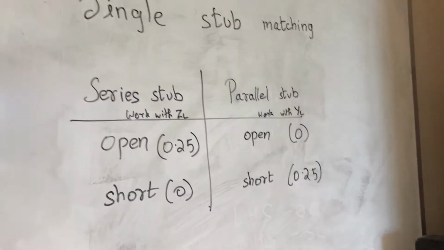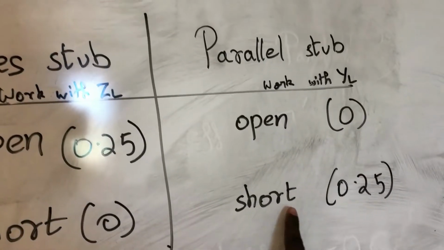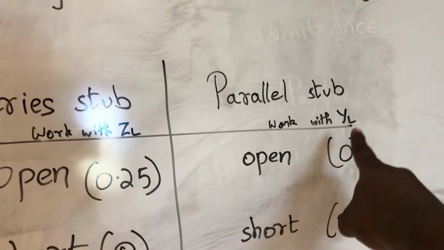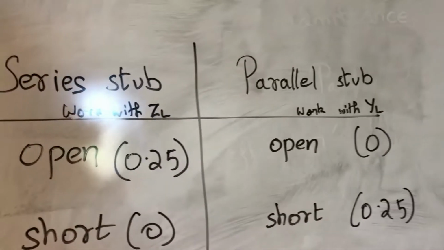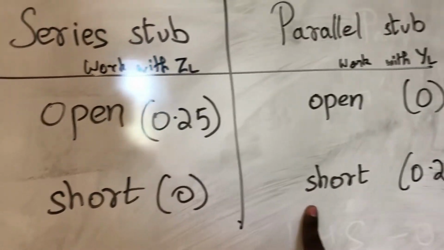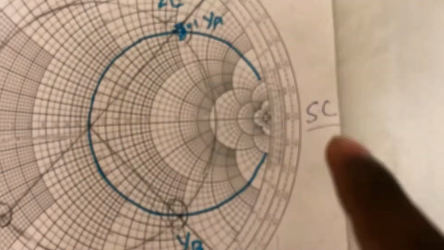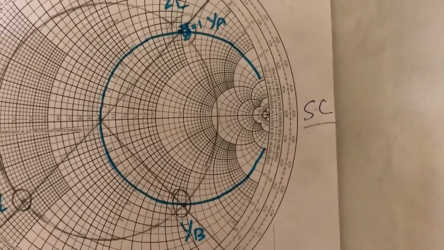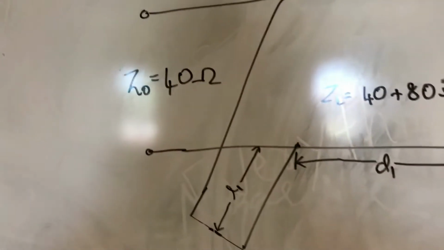So quick recap for single stub matching, and according to the sum we have a parallel short circuit stub, so we have to work with YL since it's easier for parallel stub, and 0.25 is going to be short, so mark 0.25 as short circuit here, mark 0 as open circuit here, go to the sum and let's start.